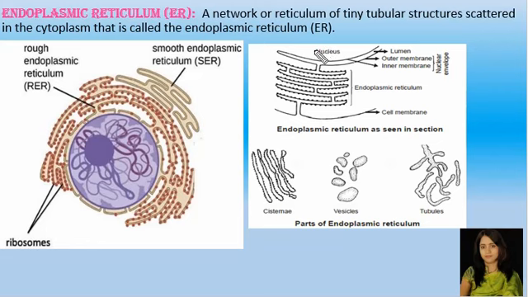Look at this. This is the nucleus, and this is the nuclear membrane, the inner membrane, and this is the outer membrane, and from here to here it forms the endoplasmic reticulum. As I said, it consists of three forms: cisternae, vesicles, and tubules.